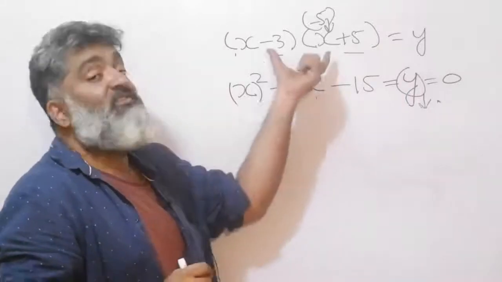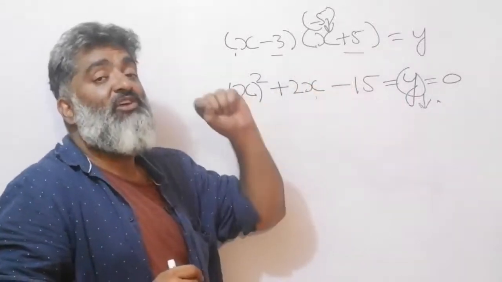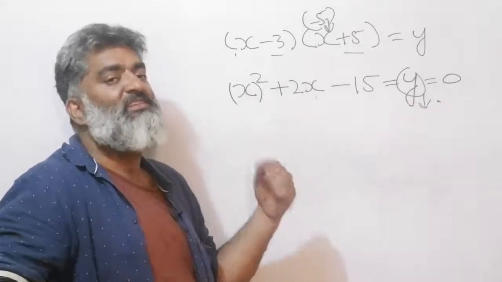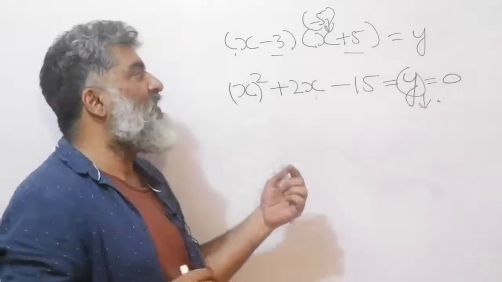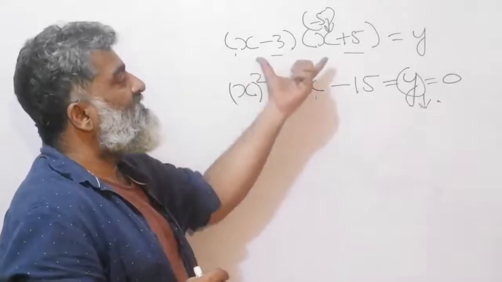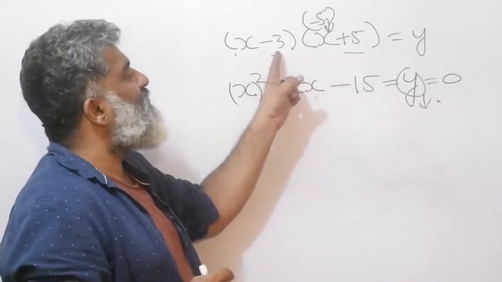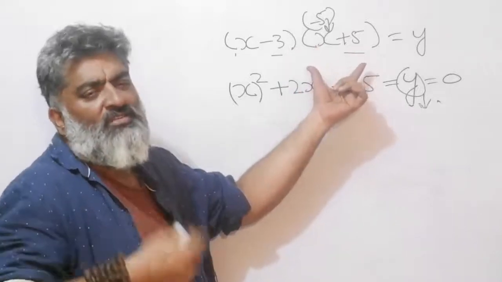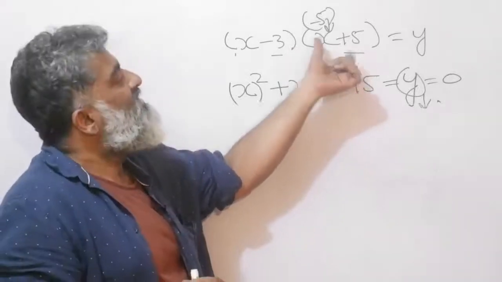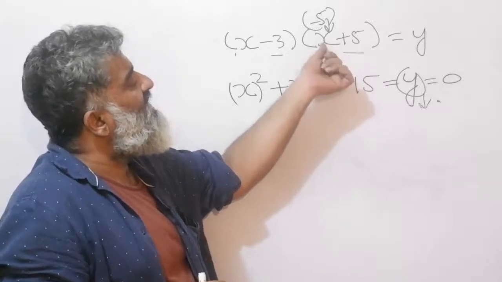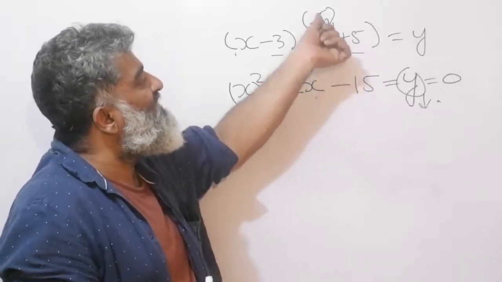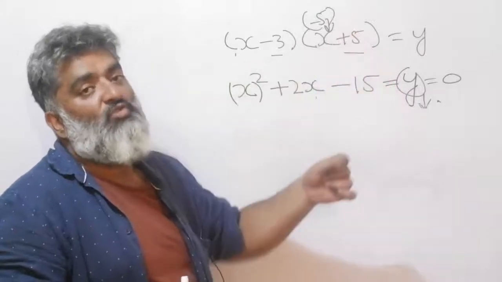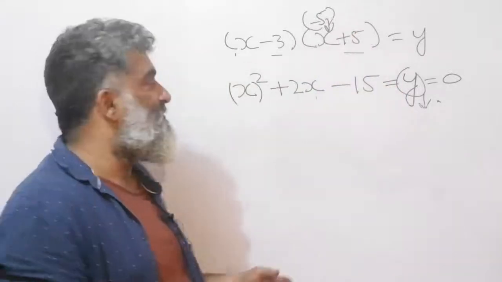So if I have this factorized form, where the 0 point is going to be very easy for me, and that is why we were learning factorization in the previous video, right? So this view very clearly tells me this was one root, and I just have to be a little careful, especially in the first hour and the beginning couple of days. When I have a plus sign here, that means when I put x is equal to -5, -5 plus 5 will give me a 0. So my second root is going to be -5.